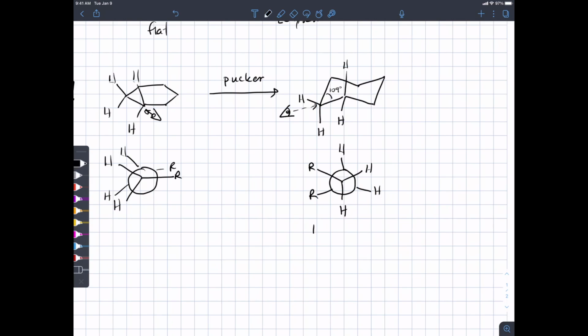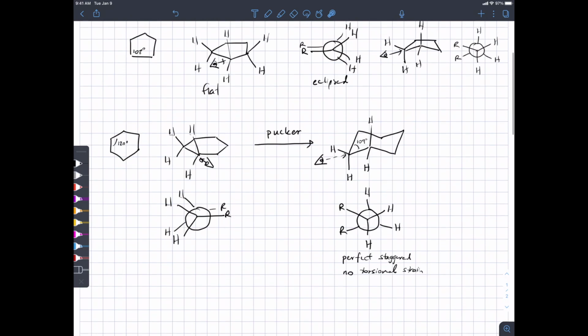And so in the six-membered ring, you can get perfectly staggered carbon-hydrogen bonds, so there is no torsional strain or no steric strain associated with having things that are a little bit too close to eclipsed. Whereas in the five-membered ring, everything was not perfectly staggered.